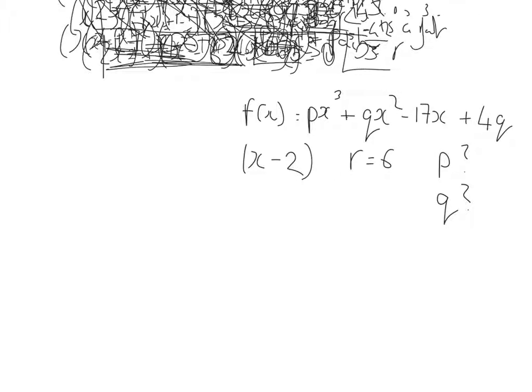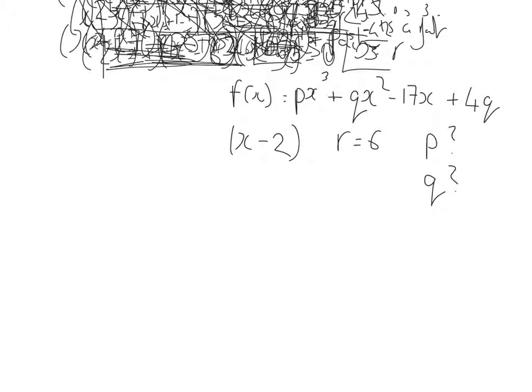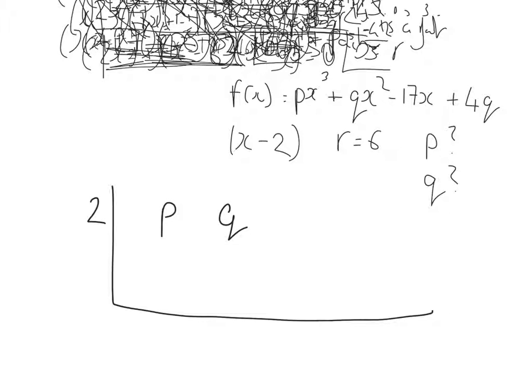So the bracket of x minus 2 would give a root at 2. Coefficients of p, q, minus 17 and 4q. And I know that this will give me a remainder of 6. It's not a factor. A factor would have a remainder of 0.